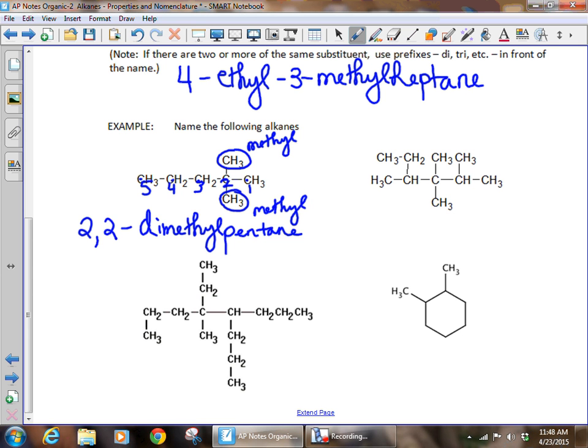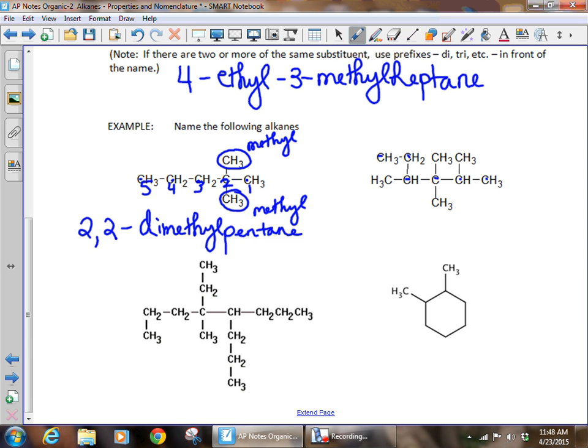In this next one, when I name this, I want to make sure that I have counted out the longest chain. And there's 1, 2, 3, 4, 5, 6 is the longest chain here. So I have to keep that in mind.